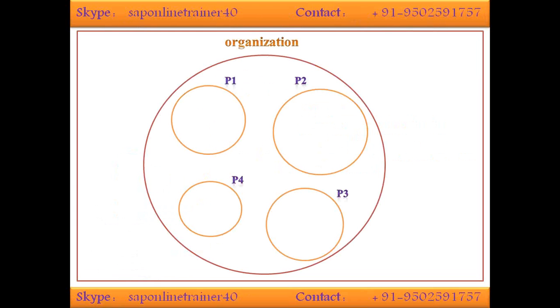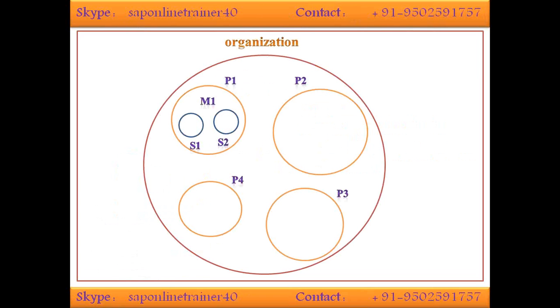Here, say for example, our material M1 is present in plant P1 at storage location S1. Generally, we don't dump our materials directly into the plants. We have particular storage locations in our plants, so we store our materials in the plants at particular storage locations. Say for example, S1 is a storage location present in the plant P1 and S2 is another storage location also present in the same plant P1.